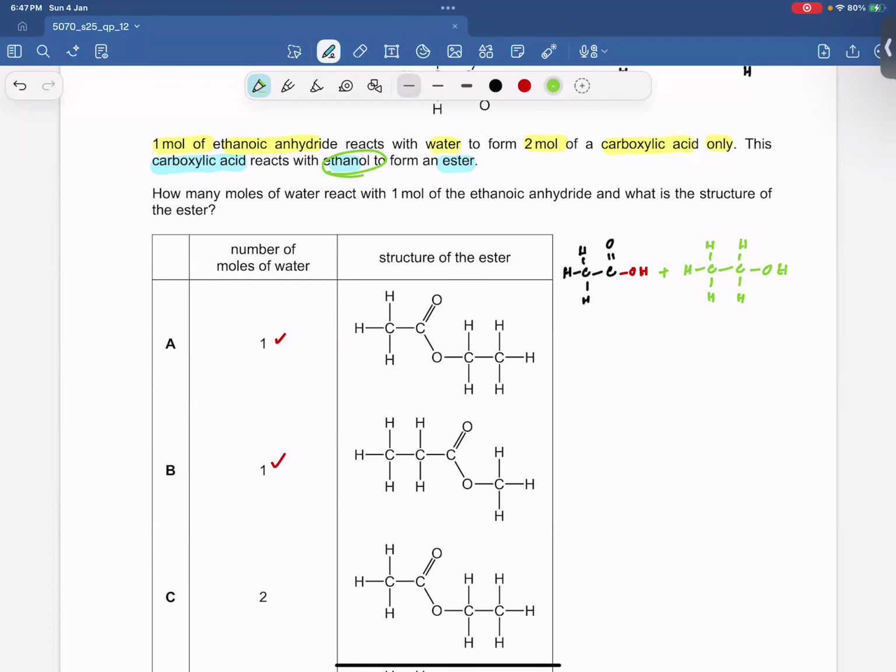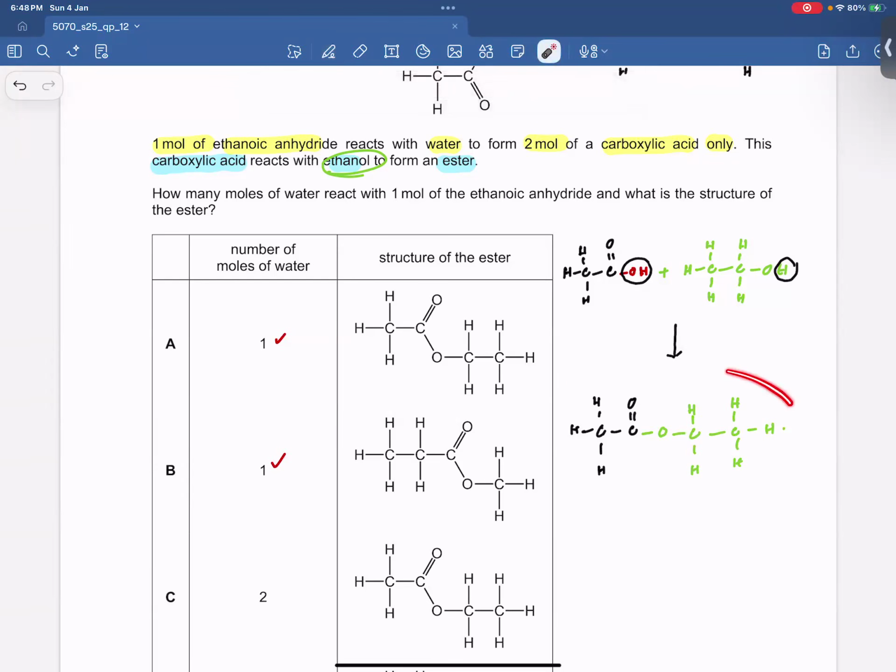We know carboxylic acid gives OH and alcohol gives H. They will combine together to give an ester. When we write the structure of an ester, first we write the acid part, and then the alcohol part, which is going to be OCH2 and then CH3.